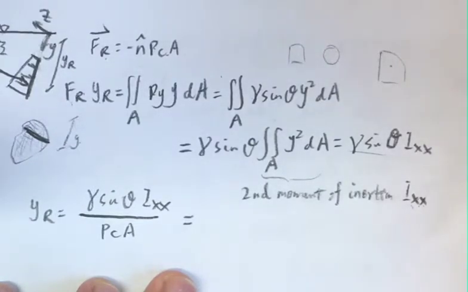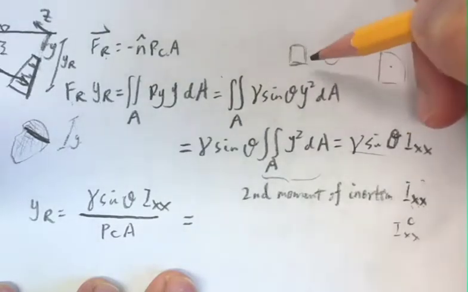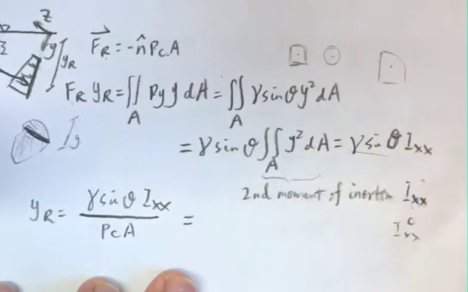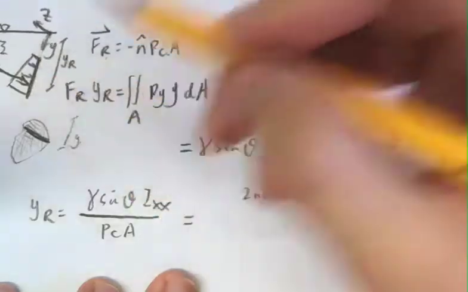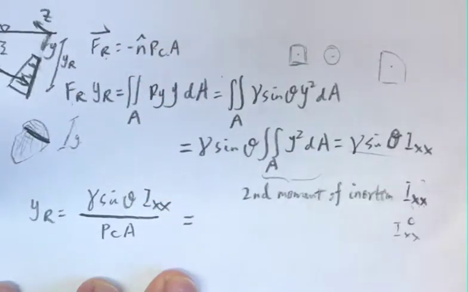But they are all given in the form of IxxC, which is taking the Ixx with respect to the shape's centroid, not some random point outside of the shape. So maybe we can use a formula to transfer this Ixx in terms of IxxC.